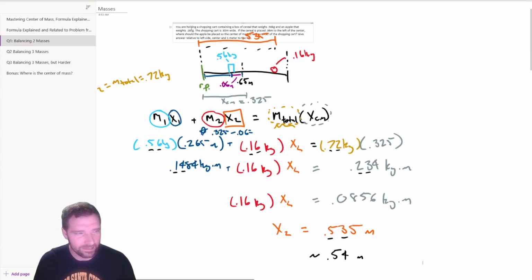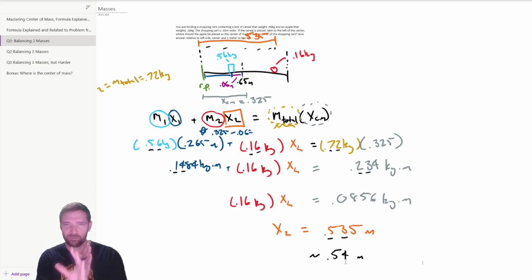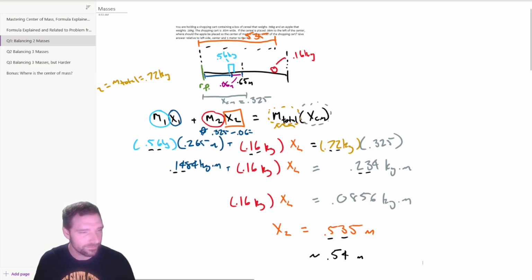But in this case, I believe we have 2 sig figs being multiplied, so these get limited down to 2 sig figs. And ultimately, this ends up being 0.54 if you were to think about this using sig figs. But for most of the problems, I'll just be getting the raw number without rounding, just to prove that the math works out to the same point.